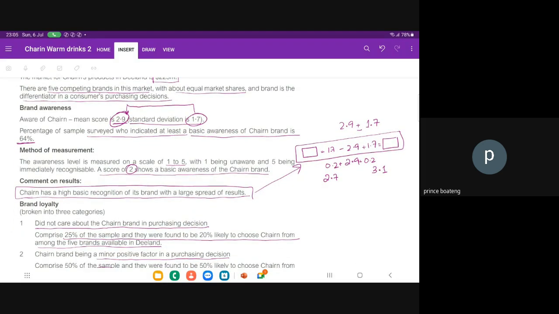Considering this, just take 2 minutes to recall or try to construct your answer: what is brand awareness and brand loyalty and how these two can interact. Meanwhile, I'm just trying to copy and paste the requirement from that slide to the slide. So just 2 minutes.